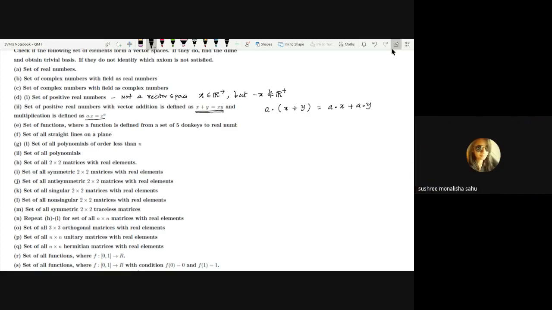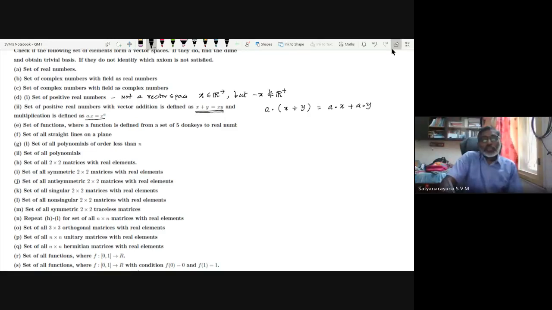In general, this is equal to a times xy, which is equal to xy to the power a. That is equal to x to the a into y to the a, which is the same as a times x plus a times y. So there is no problem, right? So it satisfies.